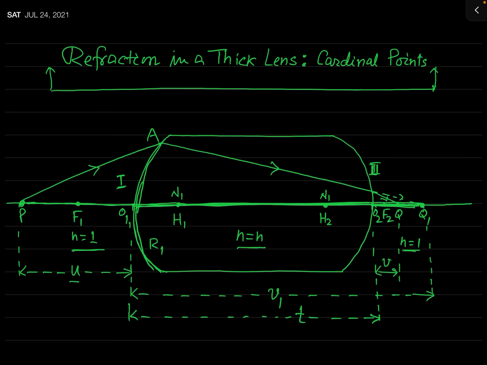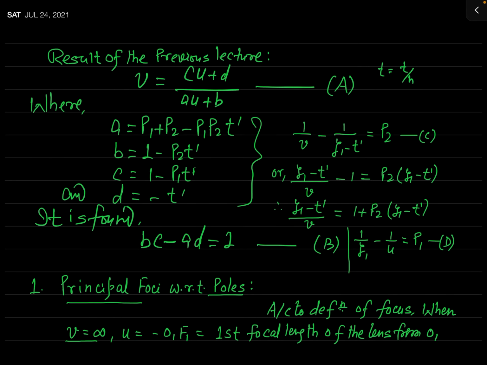F1 is the first focus and O1 is the pole, so the distance of the first focus from the pole is O1F1. The minus sign is put for the sign convention, because the distance O1F1 is measured in the direction opposite to the incident ray, so it is negative. When v is equal to infinity, u is equal to minus O1F1, and that is called the first focal length of the lens from O1.